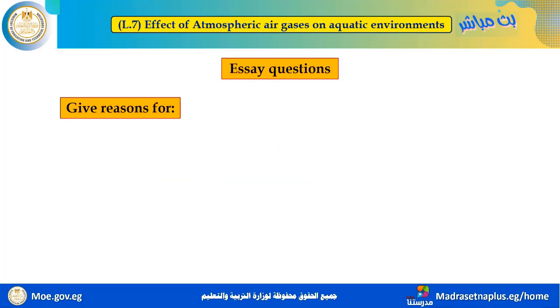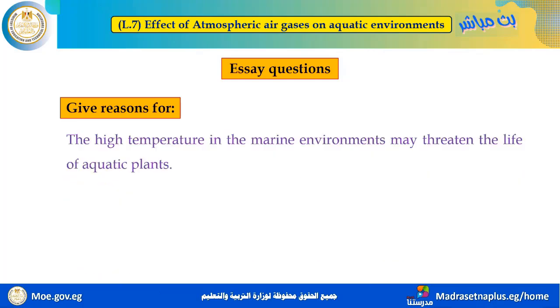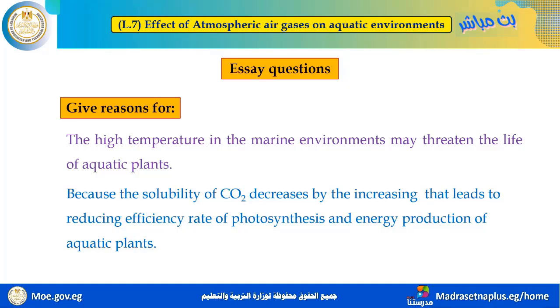Another question: the high temperature in the marine environment may threaten the life of aquatic plants. Yes, because the solubility of CO2 decreases as temperature increases, leading to a reduced rate of photosynthesis and energy production of aquatic plants.